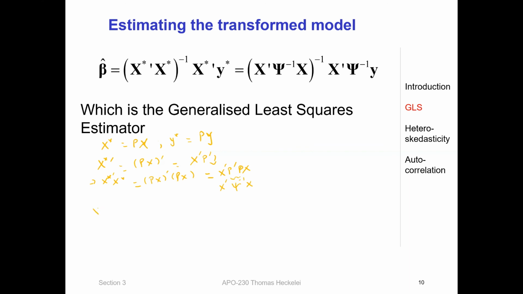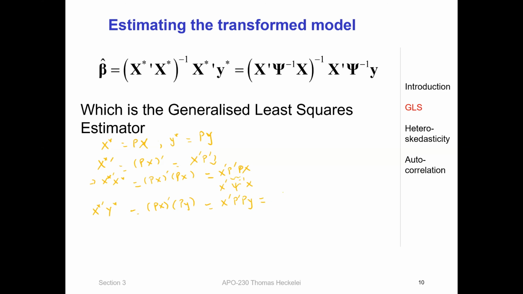How about x star prime times y star? It would be px prime times py, right? And again, plug in px prime in here. X prime times p prime times p times y.